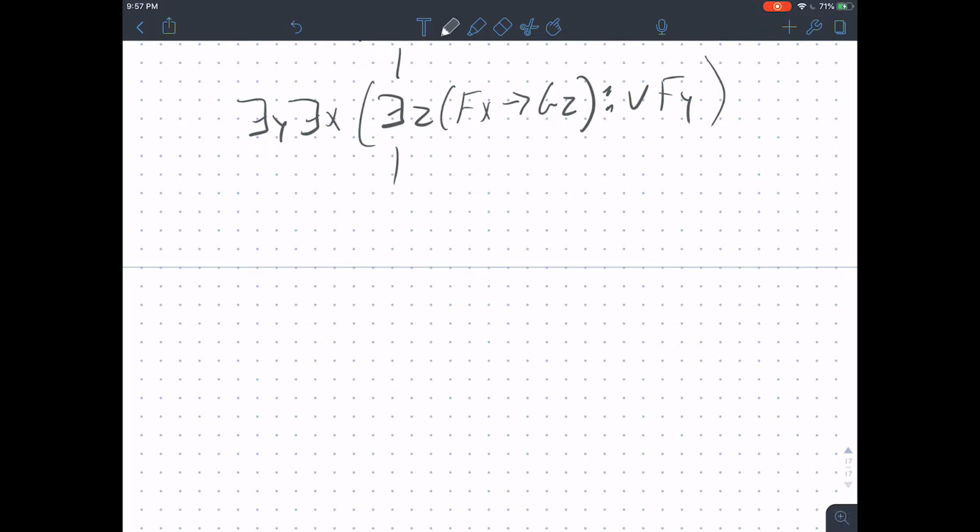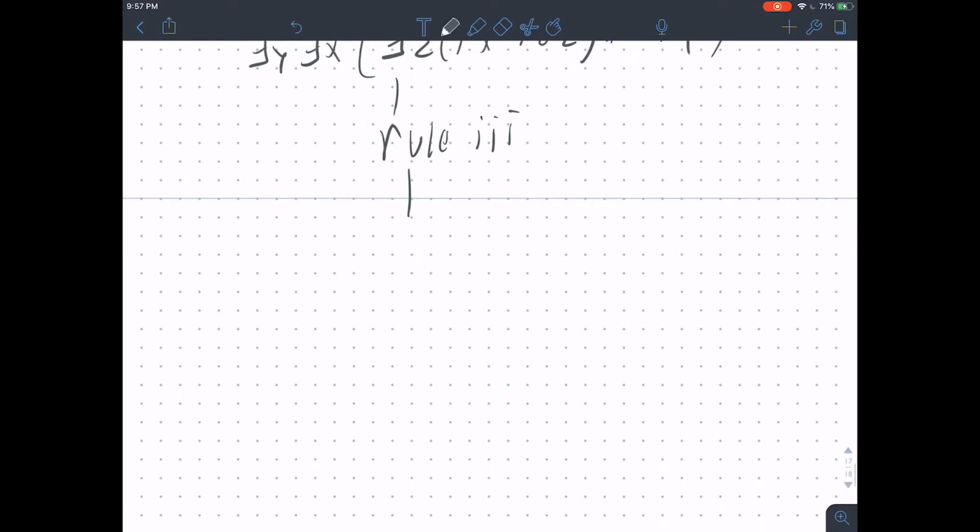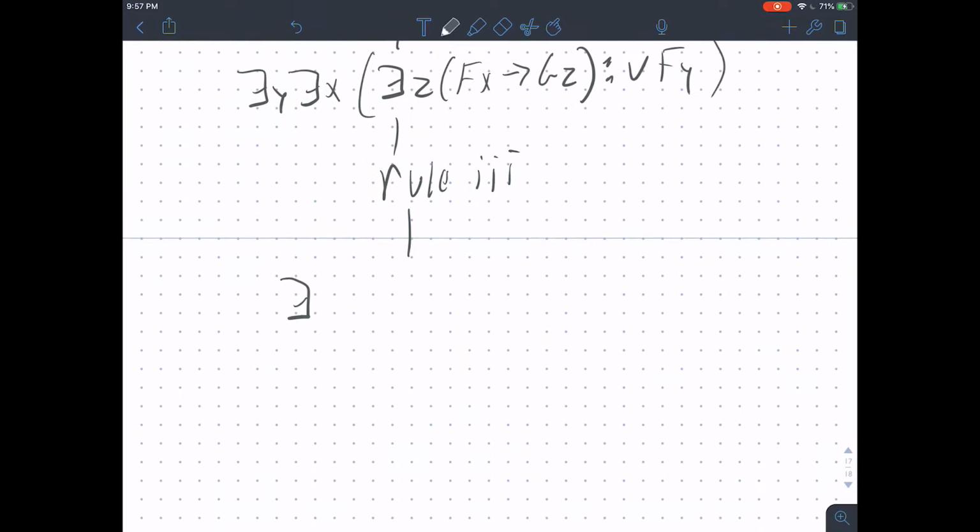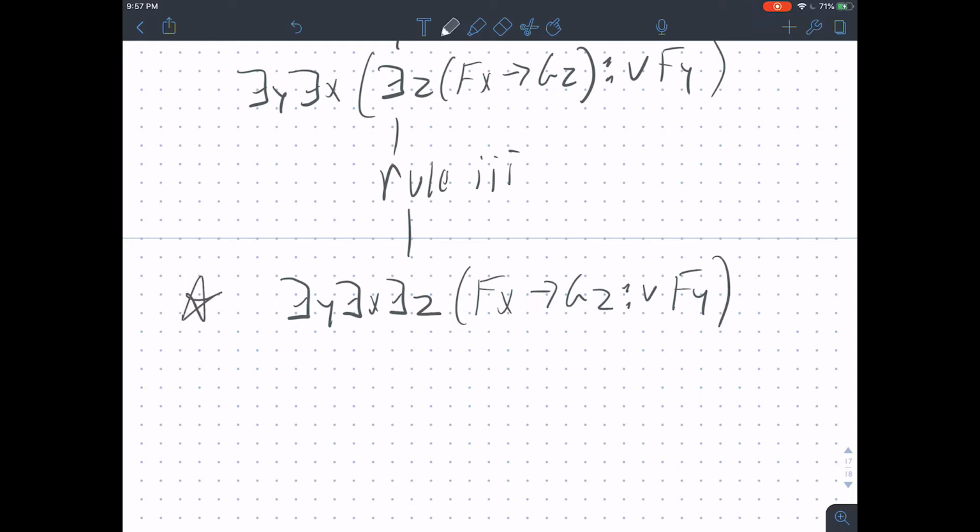And that will occur if we apply rule 3, which will give us this.